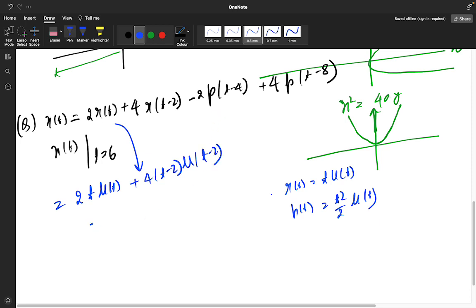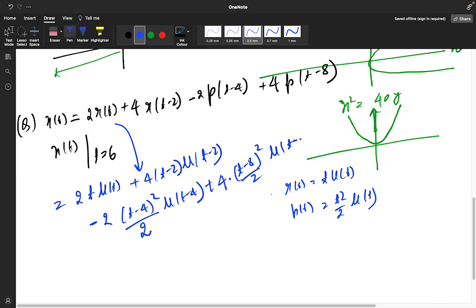Minus 2 p of t minus 4, so t minus 4 the whole square by 2 into u of t minus 4 will come, plus 4 into t minus 8 the whole square by 2 into u of t minus 8 will come. Now put t equals 6.